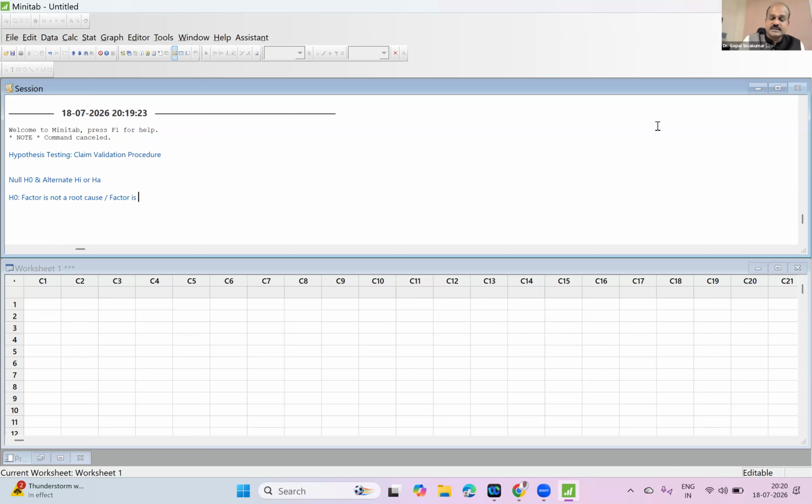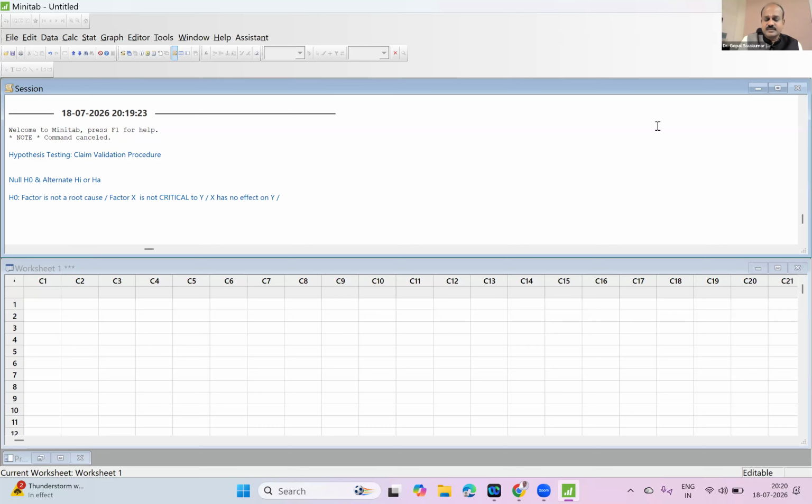That means factor X is not critical to Y. This is how you have to state, right? Or otherwise, X has no effect on Y. You have to use any one of these.